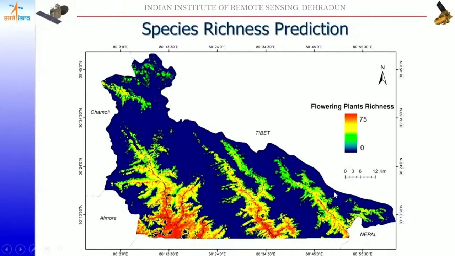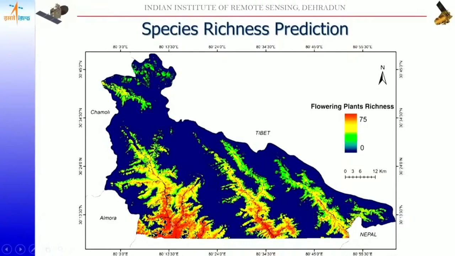In this case we can see the low species richness in the interior valley. Basically the interior parts are the inner valleys of the Himalaya, the trans-Himalayan region, or the cold arid regions, and the species richness is very low in that area.